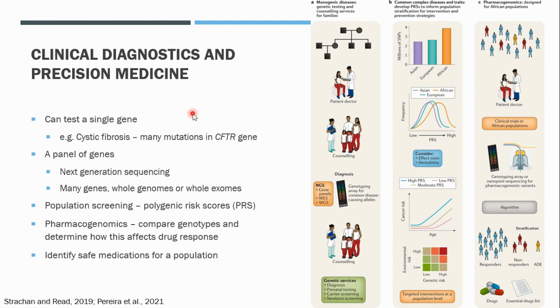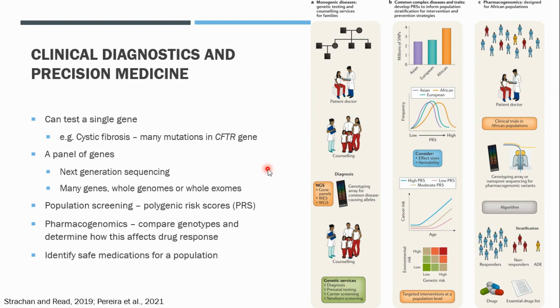This process usually involves a genetic test or PCR-based test for a single gene locus, or even a panel of genes, where we can determine the patient's diagnosis. The patient can then go for counseling and be informed of what their diagnosis is and what they need to do to address the disease.